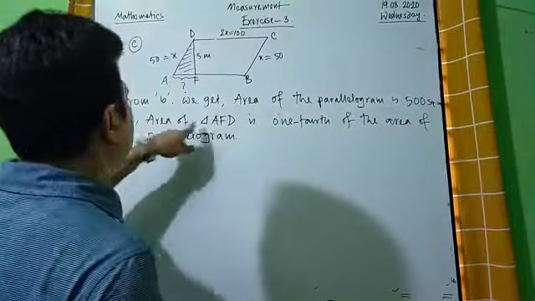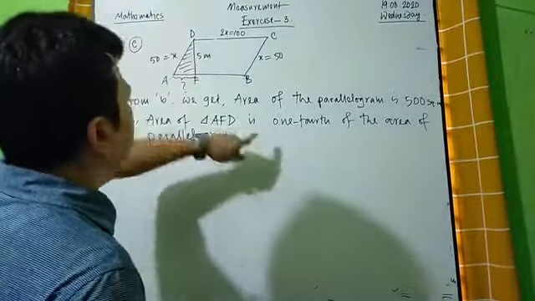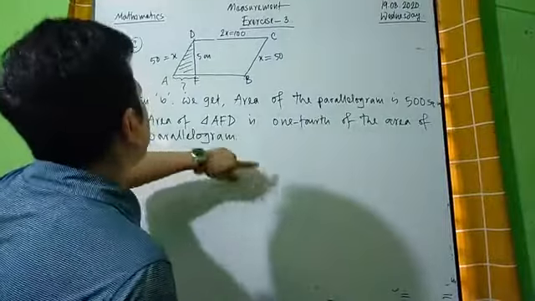So the area of this AFD triangle is 1/4 of the area of the parallelogram.